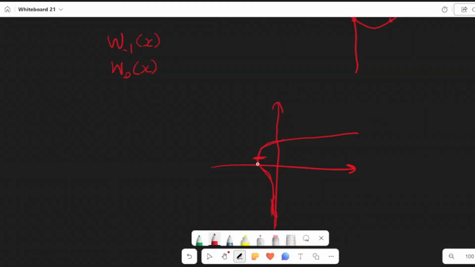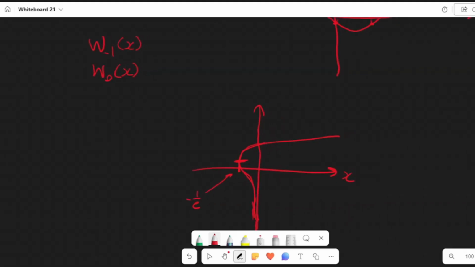So here is the x value negative 1 over e. So that's when there begins to only be one solution, and here we have 0.